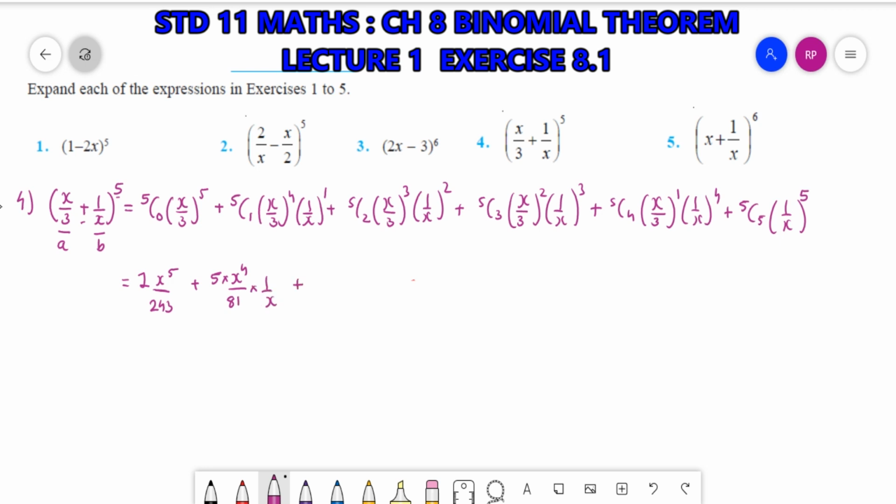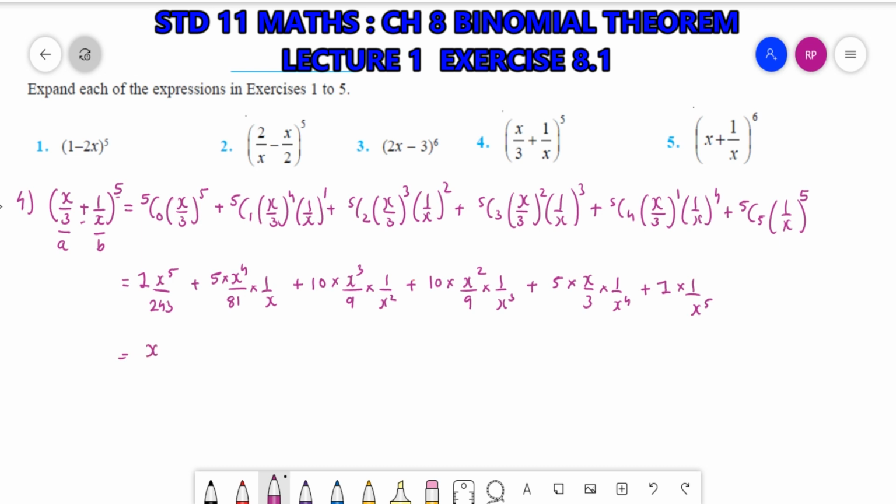Plus 5C2, that will be equal to 10, into x cube upon 3 cube, 9, into 1 upon x square, plus 5C3, that will be equal to 5C2, so 10 into x square by 9 into 1 by x cube, plus 5C4, that will be equal to 5C1, so 5 into x by 3 into 1 by x raised to 4, plus 5C5, that is equal to 5C0, so 1 into 1 by x raised to 5.